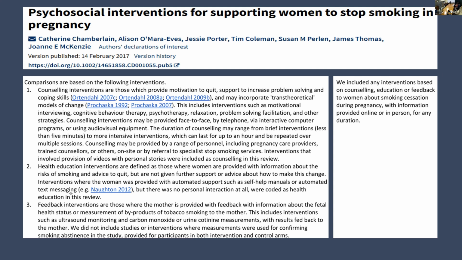What they're saying is from now on, Cochrane or any systematic review, if they say I want to compare 3 or 4 different smoking cessation methods, you have to define what the methods are. First, you must say what the methods are: counseling, health education, feedback. That is given here. But they are not defined clearly, based on whose definition counseling is and what order will be taken, because different papers may differ. So now they said any of these would be called counseling, any of this is called health education, any of this is called feedback.